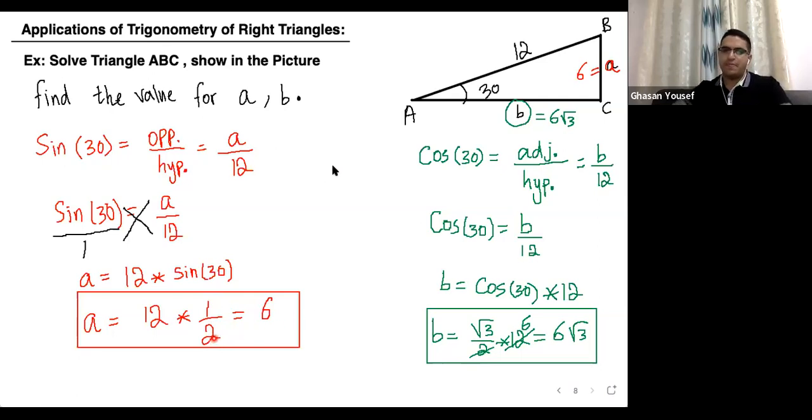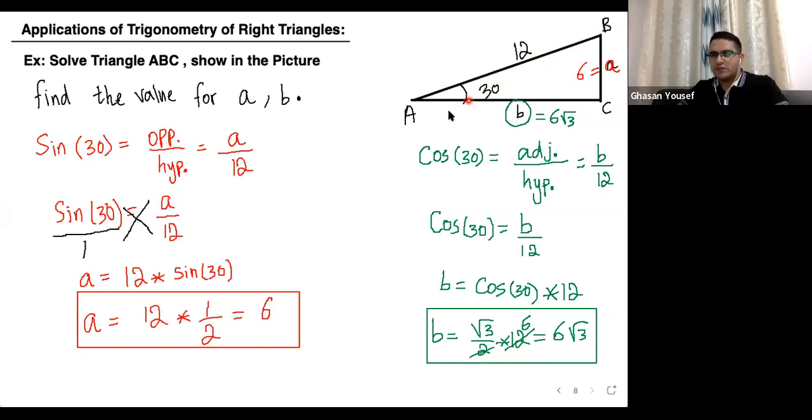Why is it cosine? I use the cosine because I need to find the value of b. The best ratio to find the value of b is the cosine, because the cosine of the angle equals the adjacent, which is b, over the hypotenuse, which is 12.